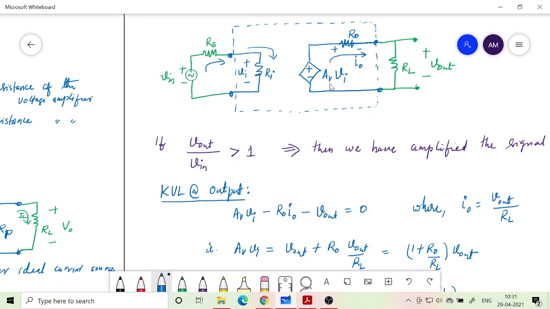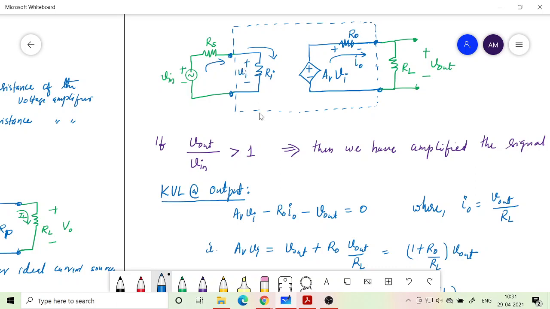We just proved that if you have a model like this, then we are able to amplify, provided AV is good enough, say at least 10, output resistance is 10 times smaller than RL, and input resistance is 10 times larger than RS. Under that condition it will amplify.